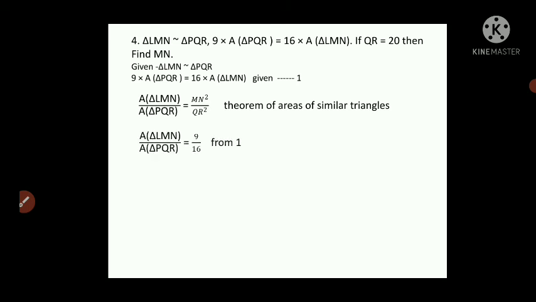So area of triangle LMN upon area of triangle PQR will be 9 upon 16, from statement number 1. So now I will substitute the value 9 upon 16, and MN square we have to find out, QR is given 20.